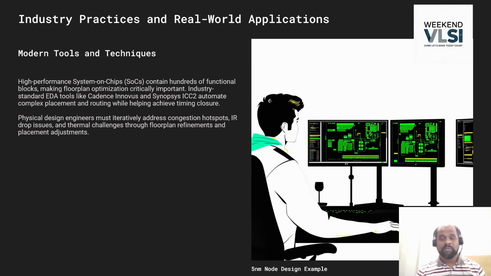Then design for testability. DFT is a very important one here. We design some circuits inside the design for testing it. Those circuits may be a scan chain, built-in self-test (BIST), or boundary scan.